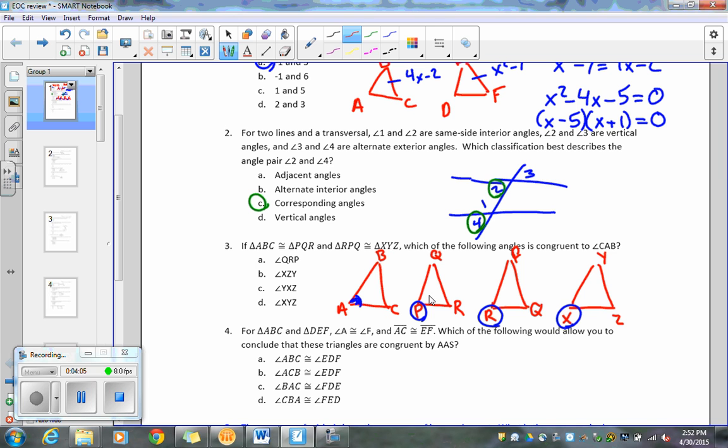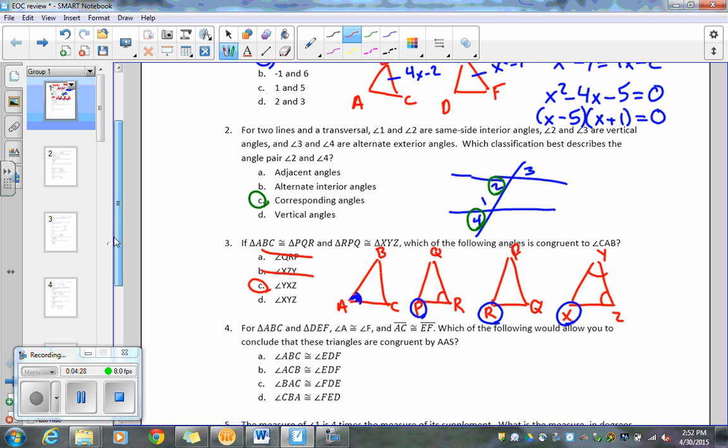QRP, that's that angle, so we know A is not going to be it. XZY is that angle there. That's not going to be it because I'm looking for something corresponding with A. YXZ, that looks like it could possibly be it. And then we have ZY, oh, no, that's not going to work. So my answer is going to be C because they're corresponding.